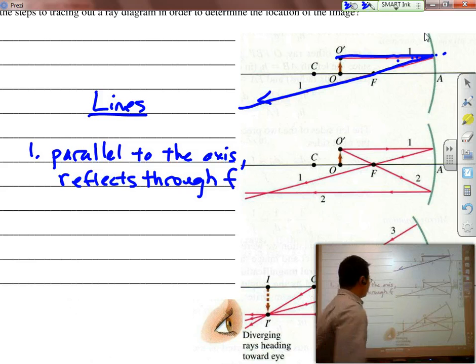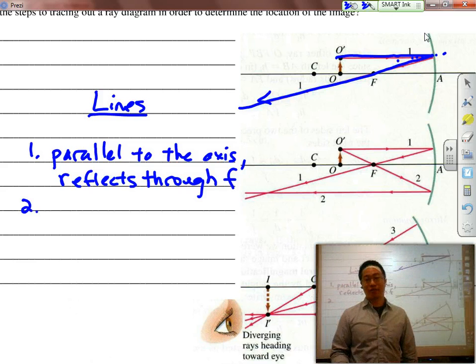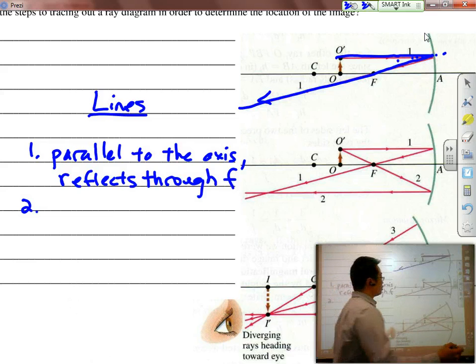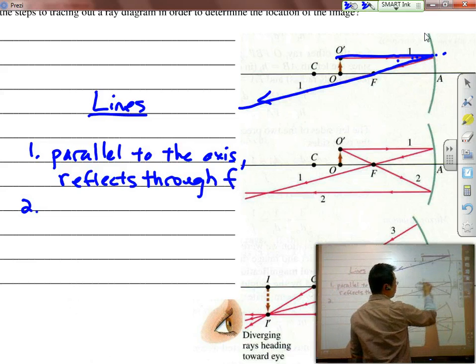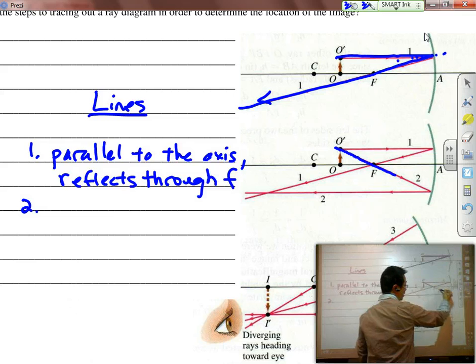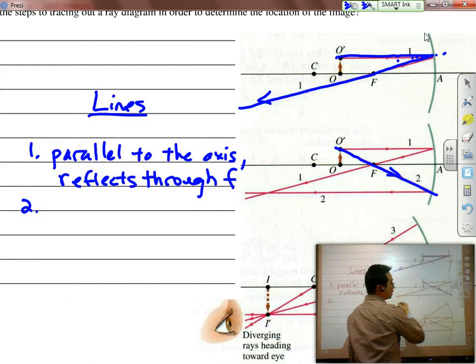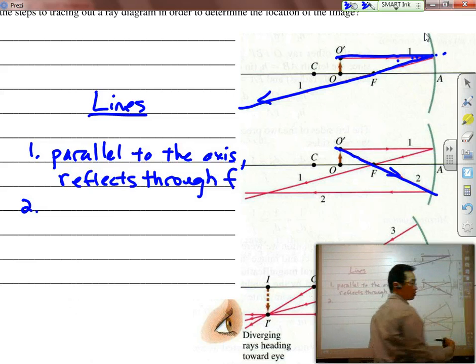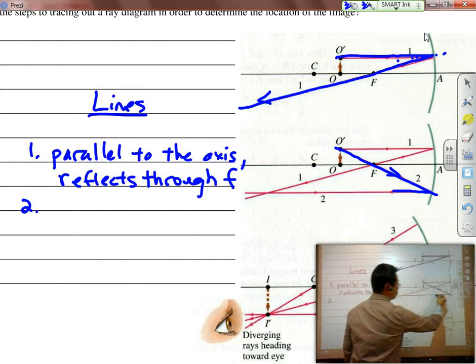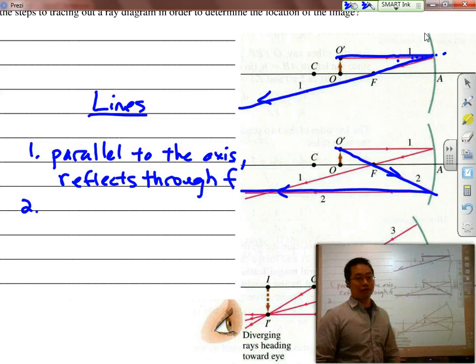Okay? The second line you're going to draw is actually the exact opposite of that. Because if you actually have one of the rays of light that are going in random directions, if it actually manages to go through the focal point, well, based on the way the normal line is, because it's just going backwards, it's then going to go parallel to the axis.